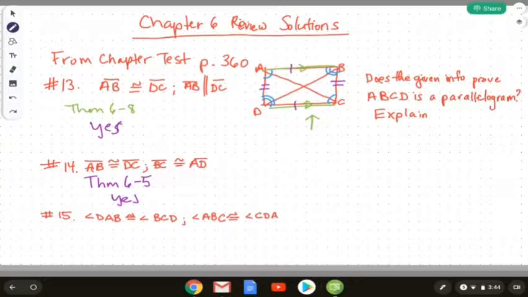So what we're given is that both pairs of opposite angles are congruent. So this is enough information to say that that quadrilateral is a parallelogram, and that is given in theorem 6.6.